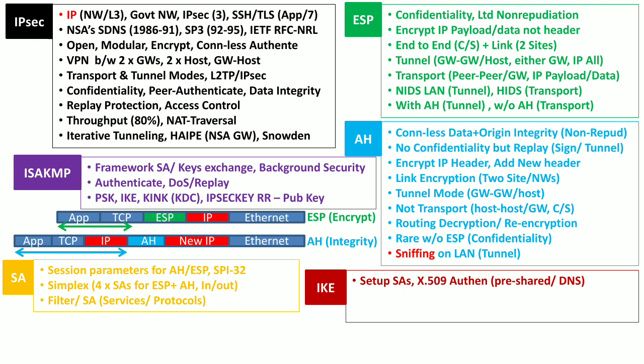Now Internet Key Exchange is used to set up security associations, and these are based on X.509 digital certificates for authentication, and this can be pre-shared, or it can be shared through DNS. Now there are two phases in Internet Key Exchange, or IKE, and in phase 1 the ISAKMP security associations are established, that is through Diffie-Hellman for key exchange, and this is actually the management traffic to establish a policy for the devices.